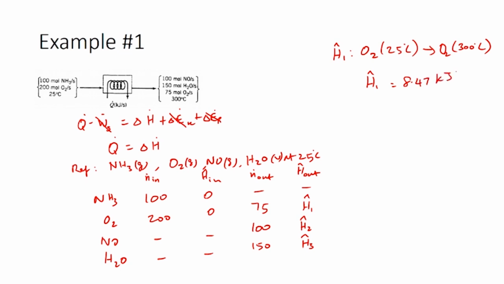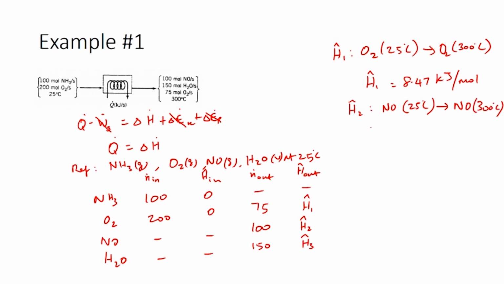8.47 kilojoules per mole. So, now H2 cap is the process where nitric oxide is heated from 25 degrees Celsius, which is the reference state, to nitric oxide at 300 degrees Celsius, which is the exit stream.